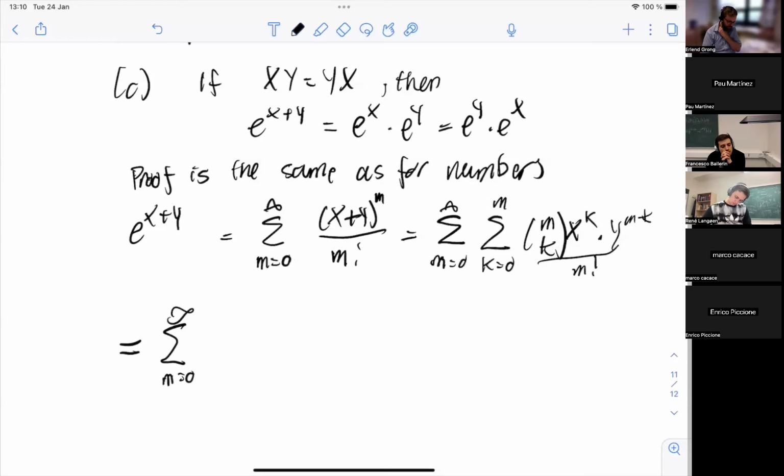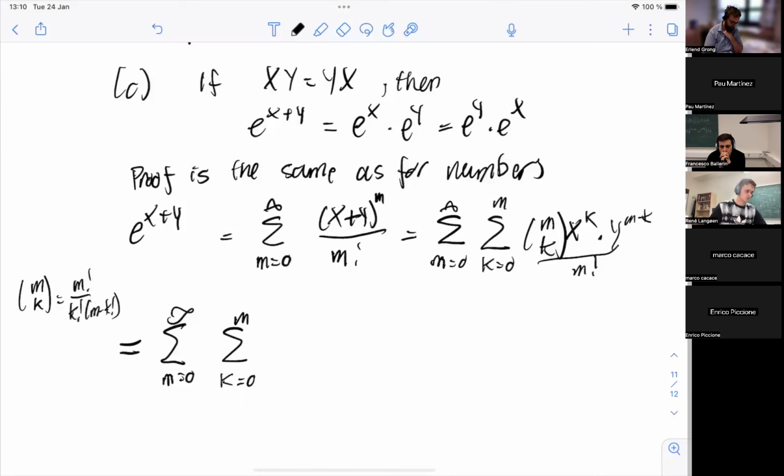But then what is this expression? Well, m choose k is m factorial divided by k factorial times (m minus k) factorial. So we can cancel the m factorial upstairs and downstairs. We get the sum from k equals 0 to m of x^k y^(m-k) divided by k factorial times (m minus k) factorial.